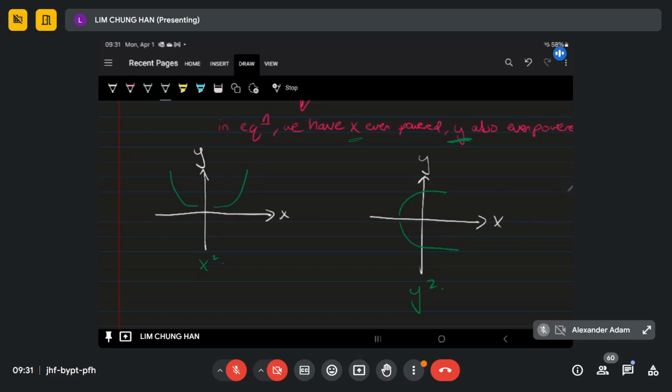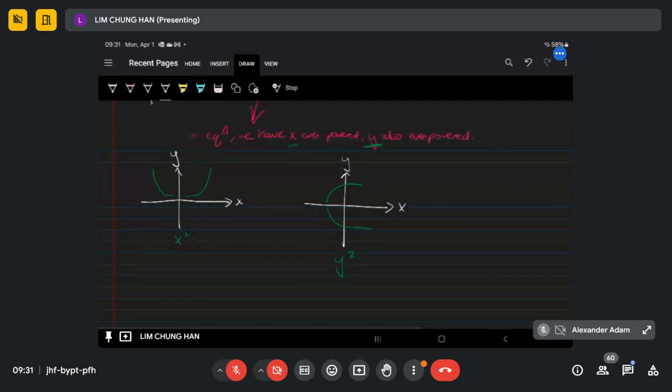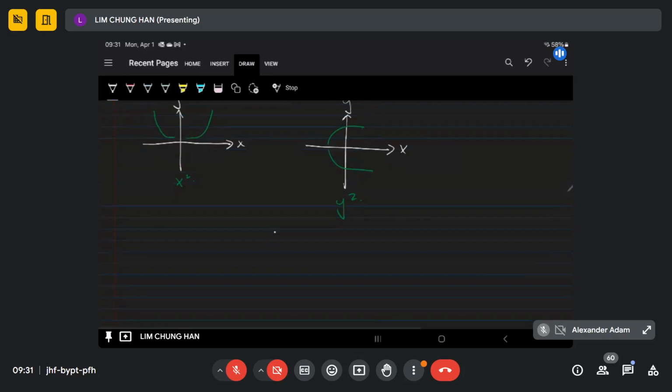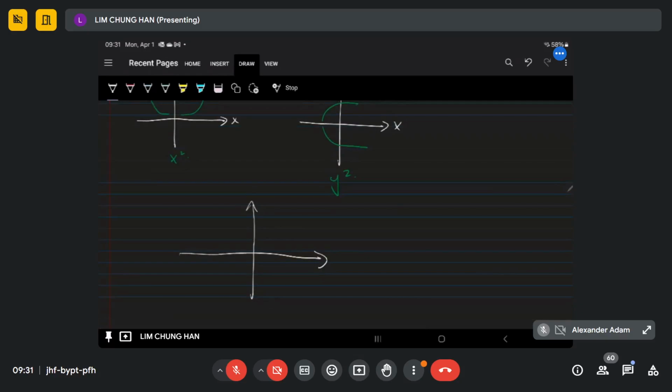Do you see what I'm trying to get to? Because we have x squared and y squared, everything is going to end up getting mirrored. You just have to find the points in one quadrant, from 0 to 90 degrees only.